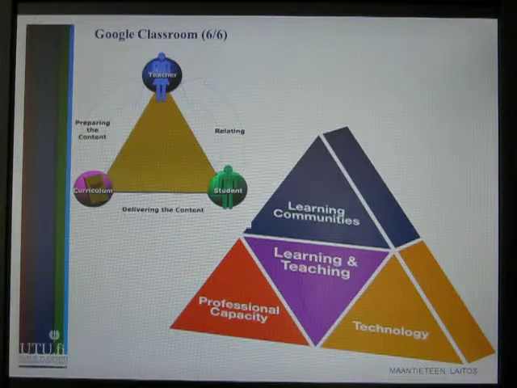If we look at this triangle, we will see that it is divided into other subdivisions: the learning communities, learning and teaching, professional capacity, and technology.